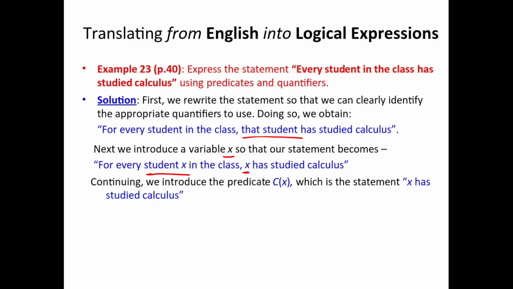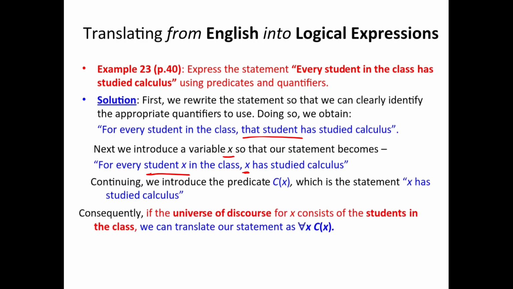Continuing, we introduce the predicate c of x, which is the statement x has studied calculus. So consequently, if the universe of this course, so for x, consists of the students in the class, we see that for x in the class, every student has studied calculus.